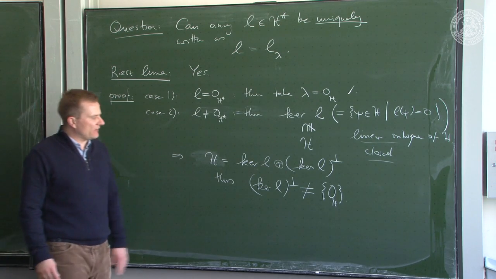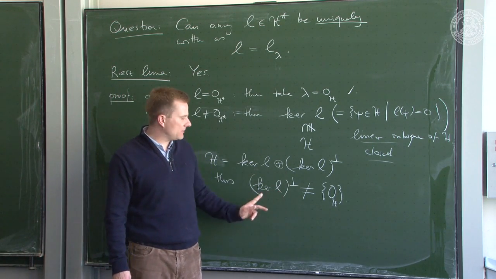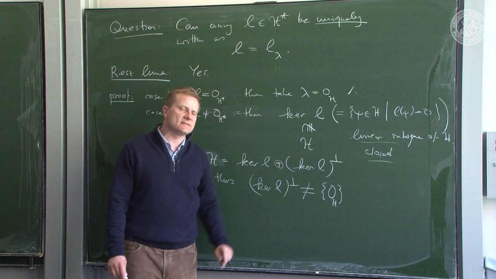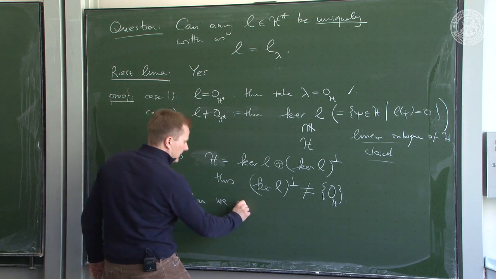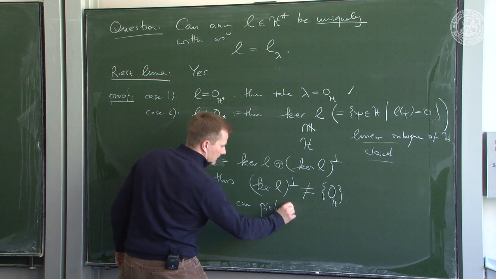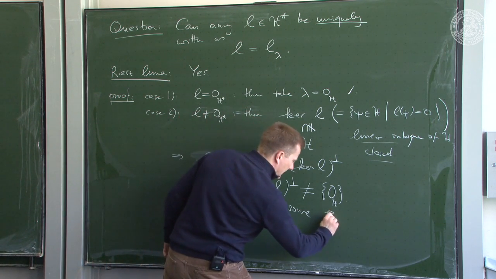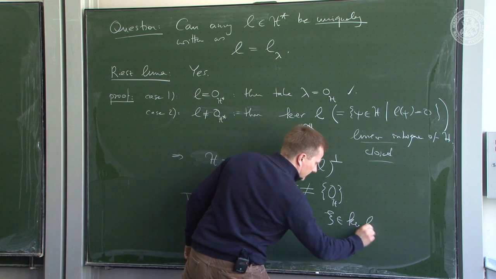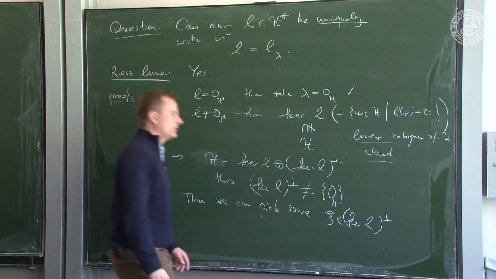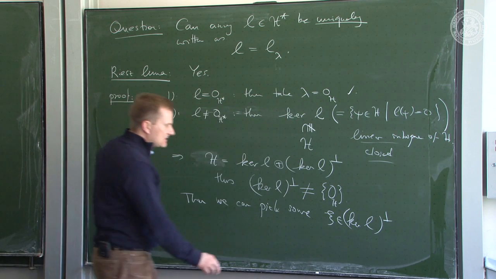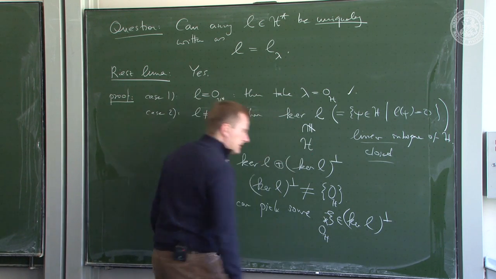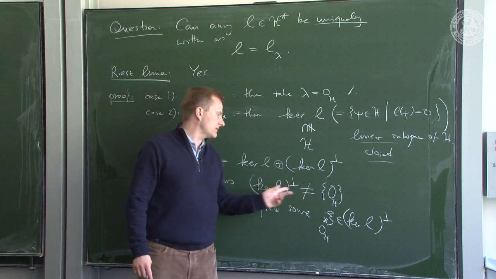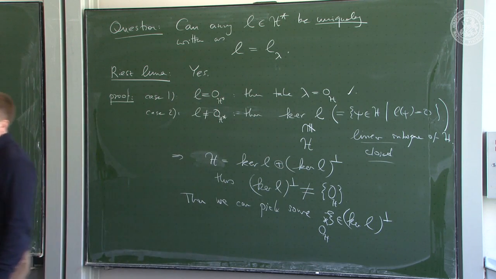So if the orthogonal complement of the kernel is not only the 0, then we can pick some psi from the orthogonal complement of the kernel, some psi that is not the 0 in H. Why can we do this? Well, because the set doesn't only contain 0.